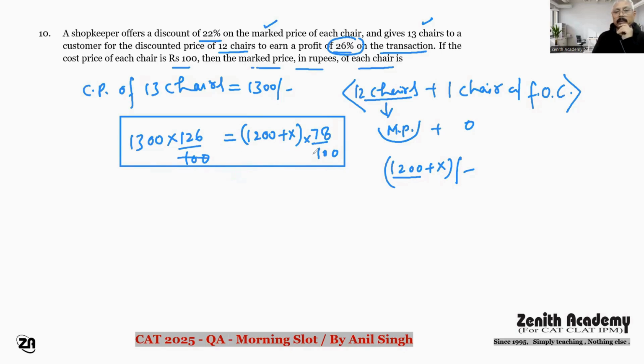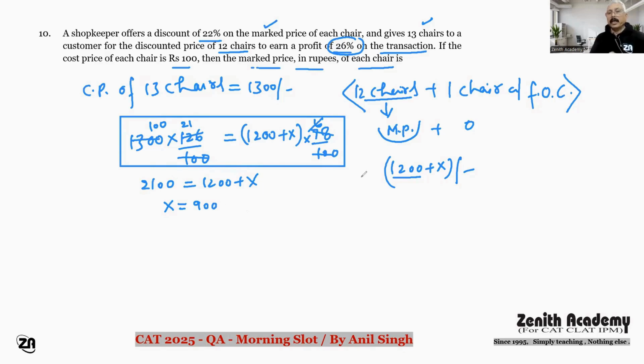So this and this cancel. 1300, 36, and this 6, 2, 1. So this is 2100 is equal to 1200 plus x, which means x is equal to 900.